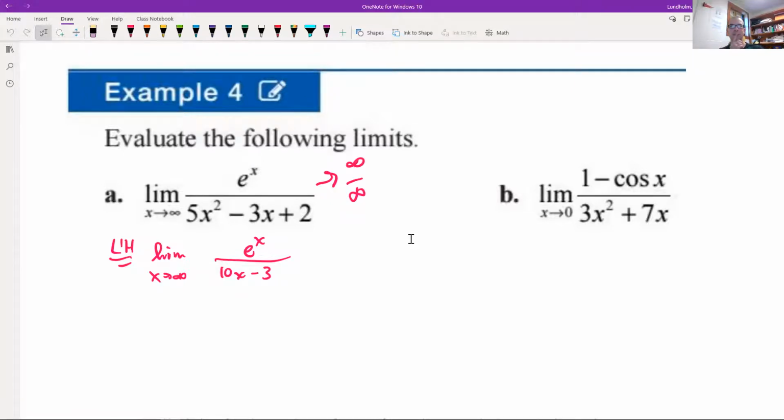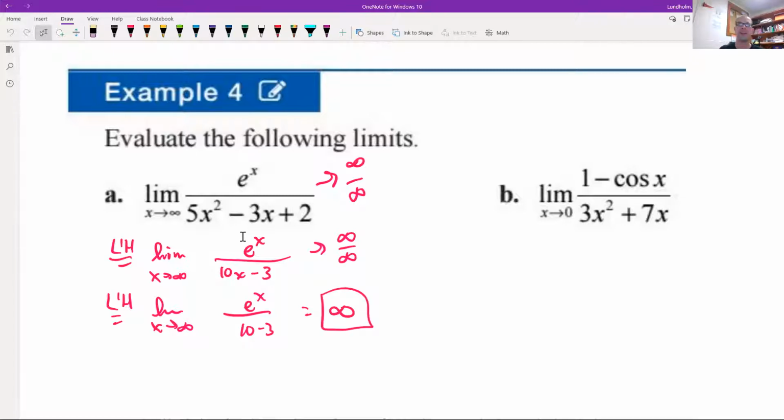And we're still in a scenario where we're going to infinity over infinity, so we can do L'Hopital's rule again. E to the x over 10. And now, legitimately plugging in infinity just takes us off to infinity proper. And we get that as the result of our limit.